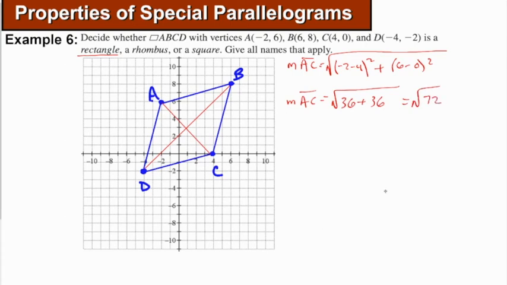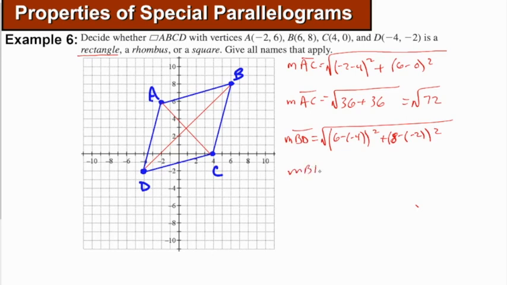And then we say, well, let's look at BD. The measure of BD, we'll take the difference of the x values, so 6 minus -4, and square that, and add it to the difference of the y values, 8 minus -2, and square that.